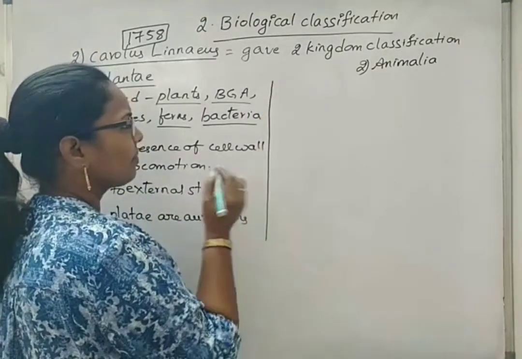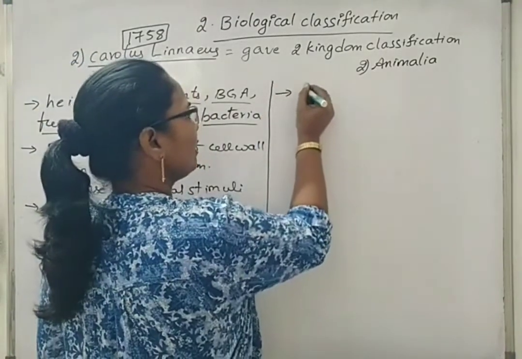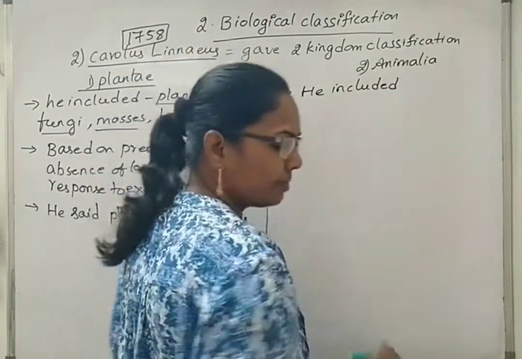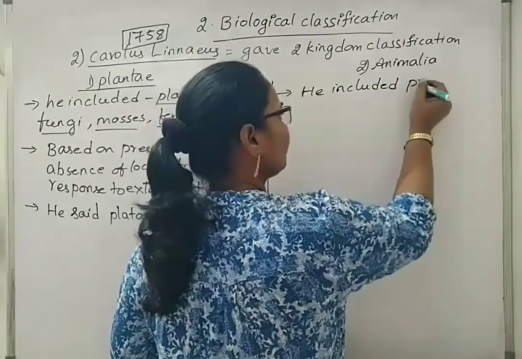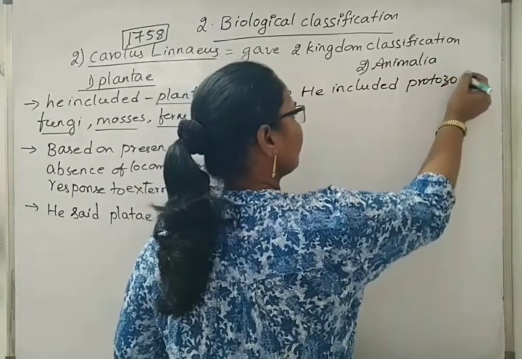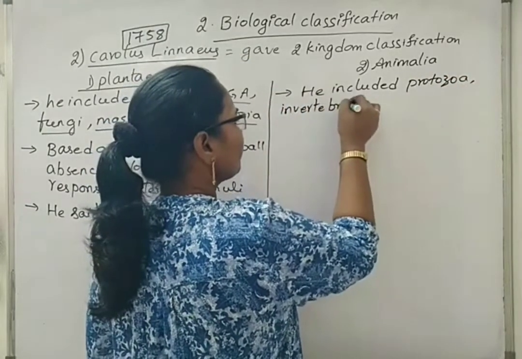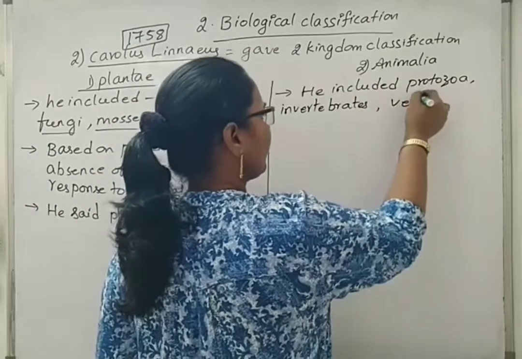We will see next. Under Animalia, he included protozoans, invertebrates, and vertebrates.